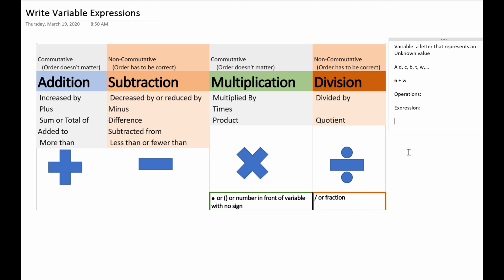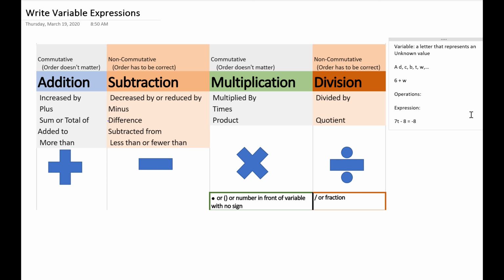So another example of an expression might be 7t minus 8. That's an expression. 7 times t minus 8 is an expression, and it would turn into an equation if we put an equal sign next to it and then had some kind of answer.